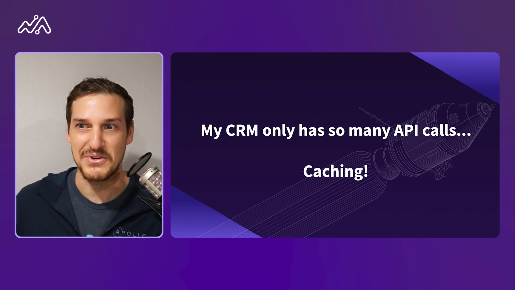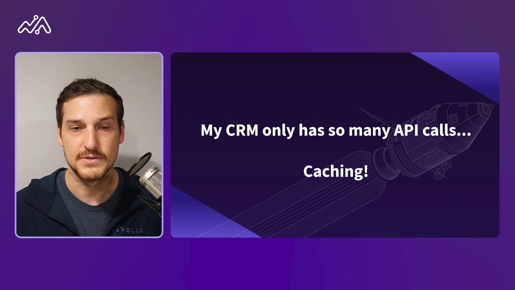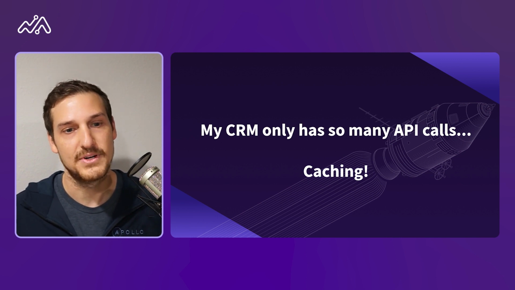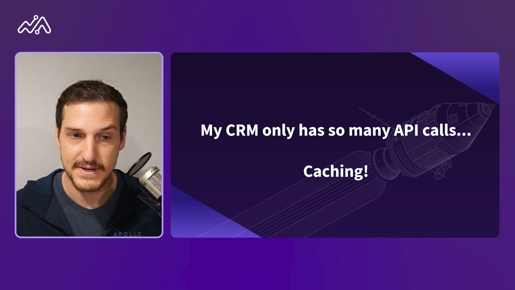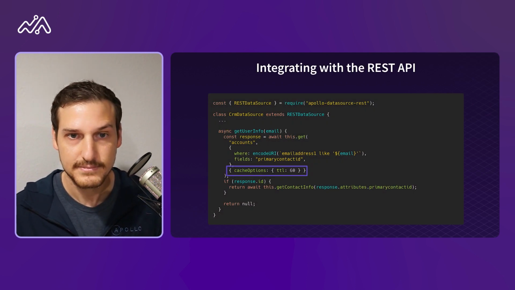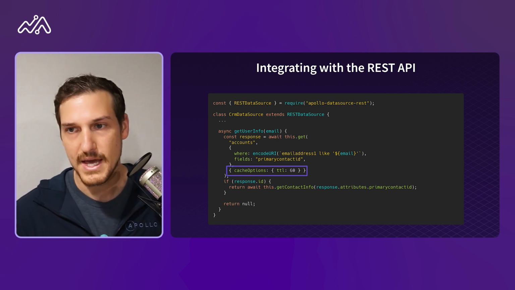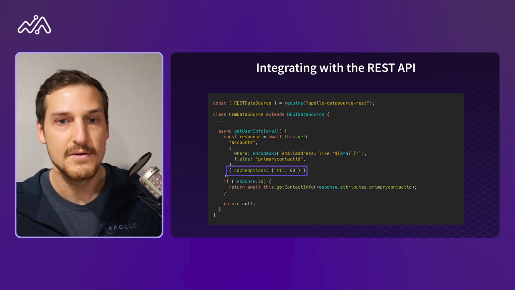You don't want to have to build another layer, but one of the nice things about Apollo Server's REST data source is it's actually built on top of the data source interface, which has a key value cache built into it. And so you can actually set time to lives on individual get, post, put, patch, all of those.